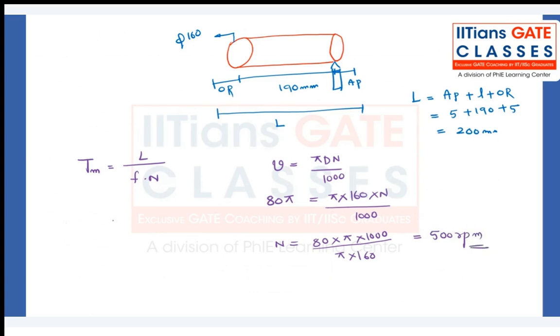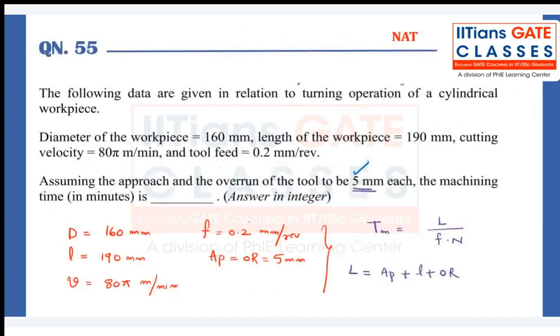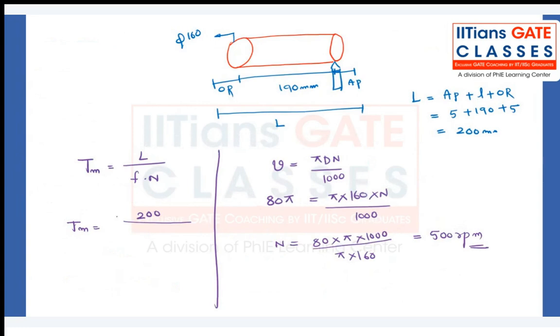Now substitute all the values. Machining time is equal to length 200 divided by feed, 0.2 mm per revolution, into N, which is 500 RPM.